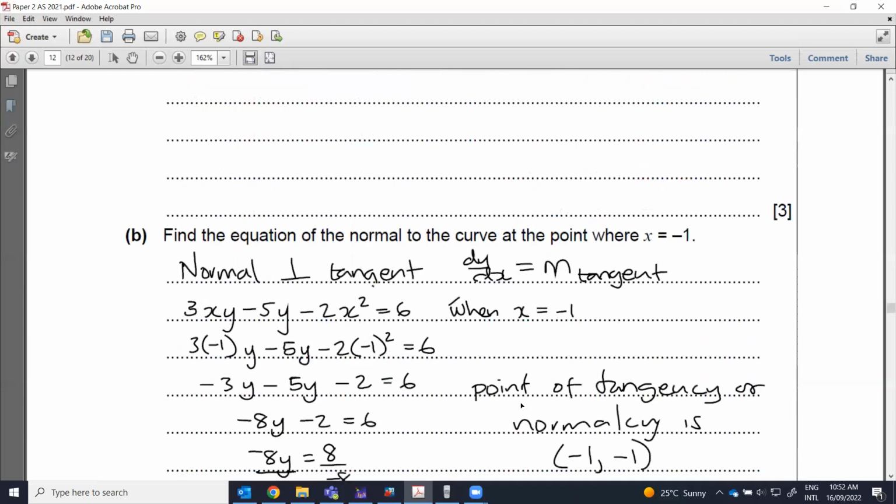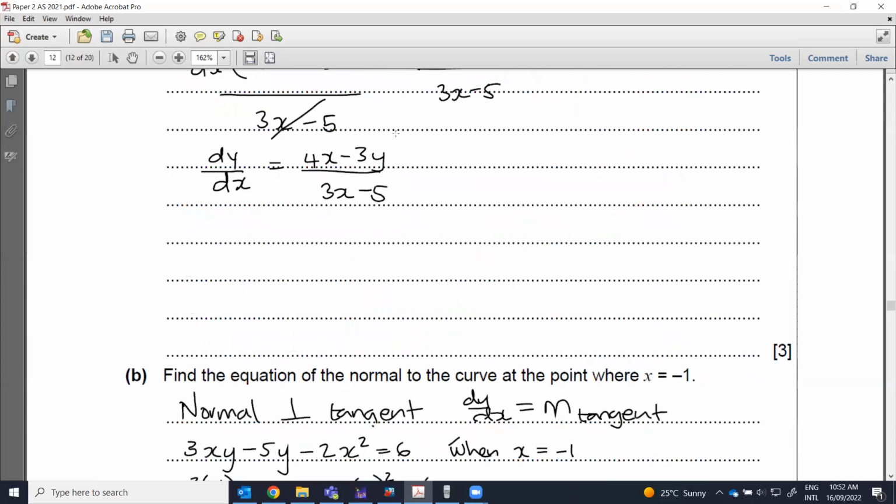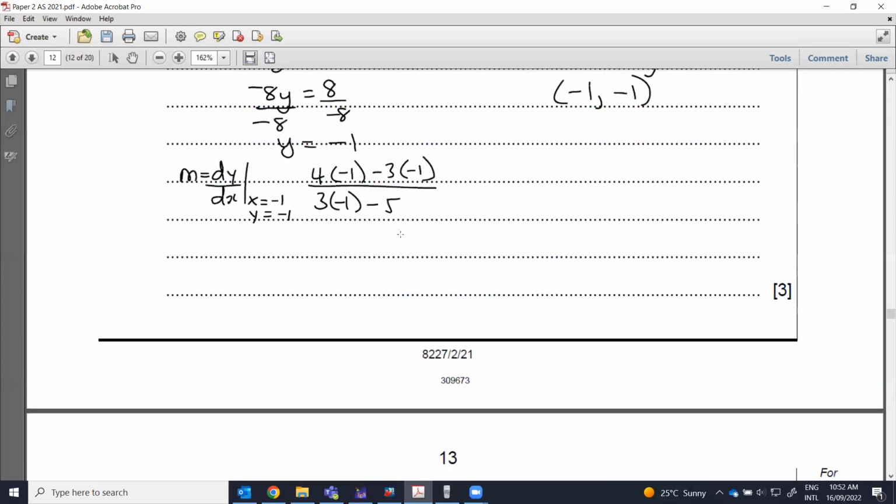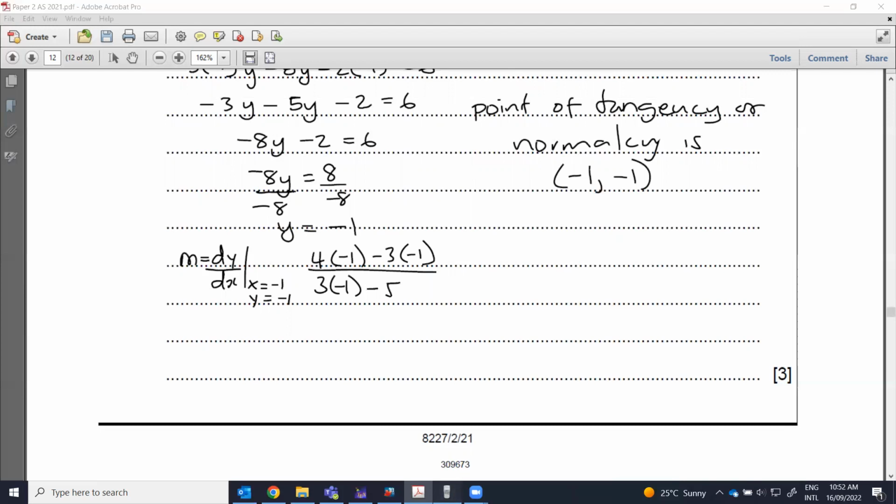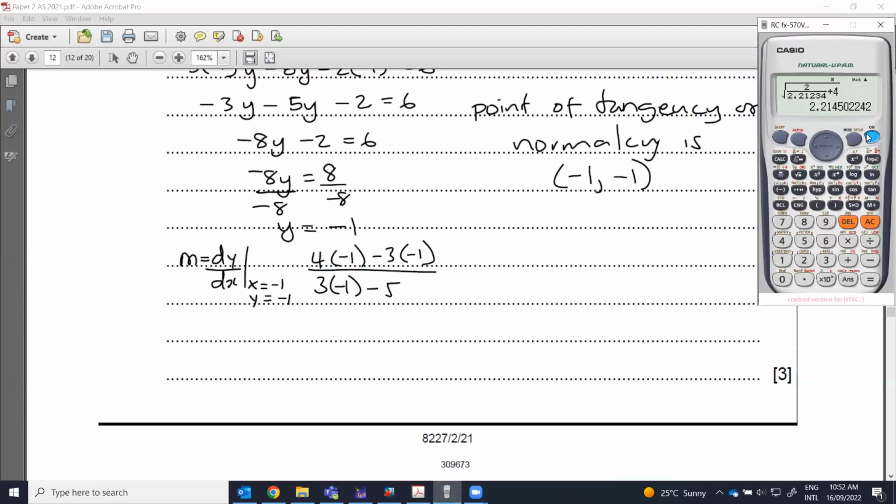Okay, so there's my formula. I'm just substituting -1 like that. So this you type in on your calculator exactly the way I have it. So I have 4 open brackets -1 minus 3 open brackets -1.